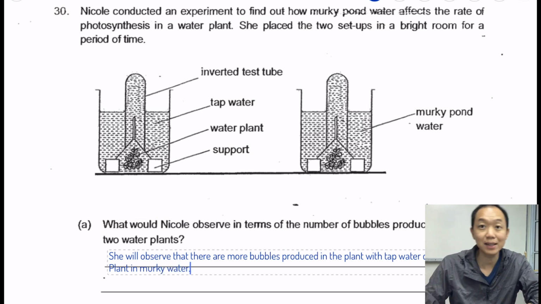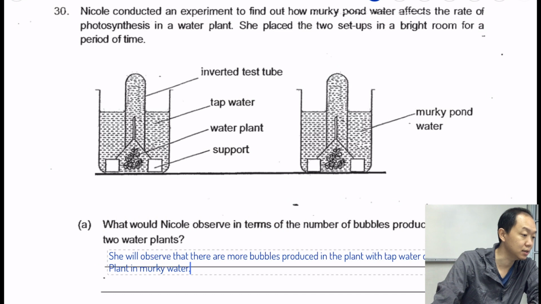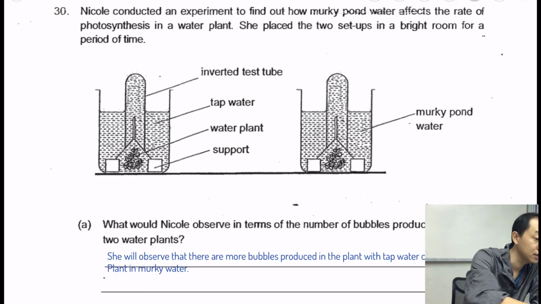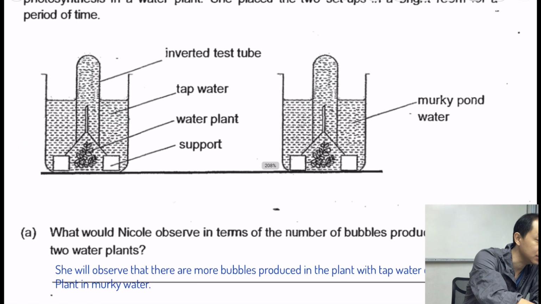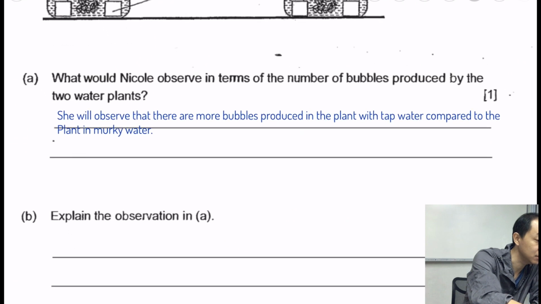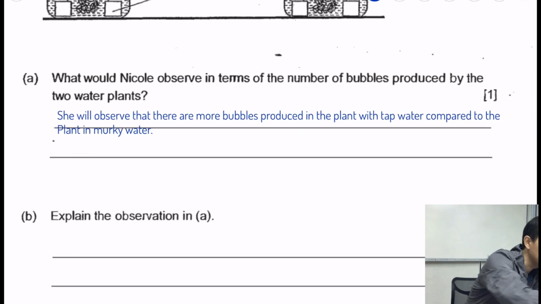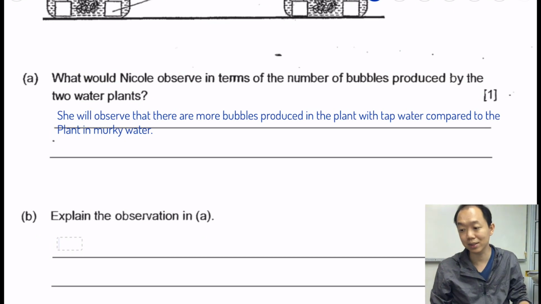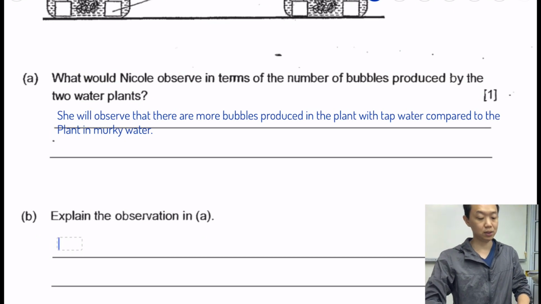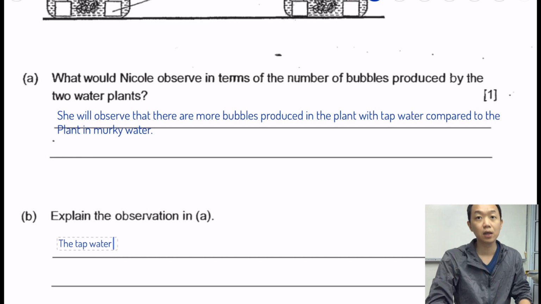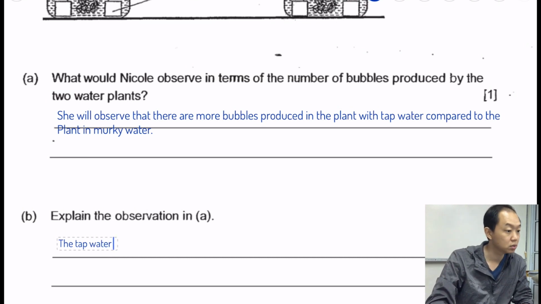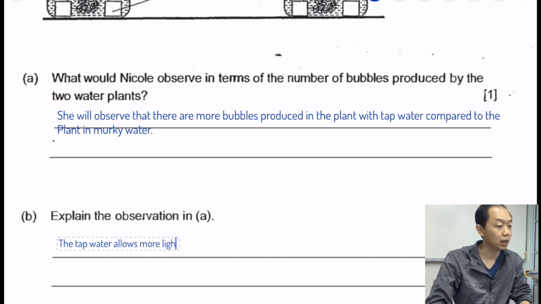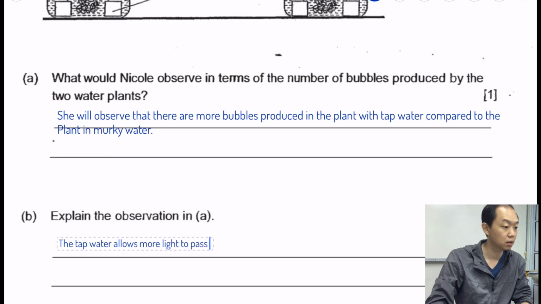Okay, so do you have to explain? Here, they just ask you to state the observation. So the second part is the explanation. Actually, I already explained that. What is the explanation? The explanation is that the tap water allows more light to pass through.